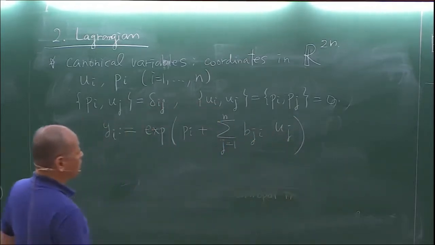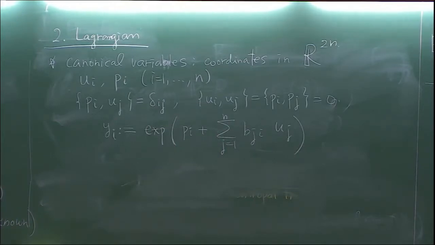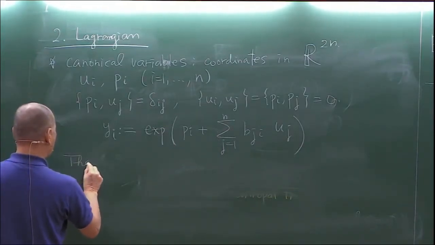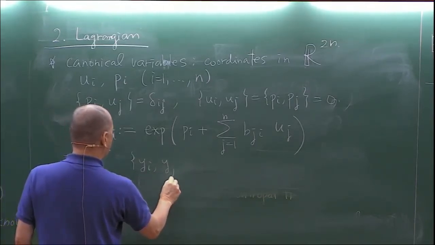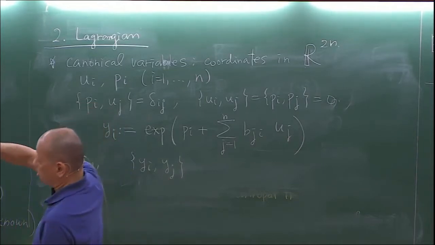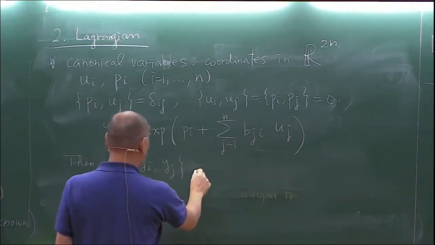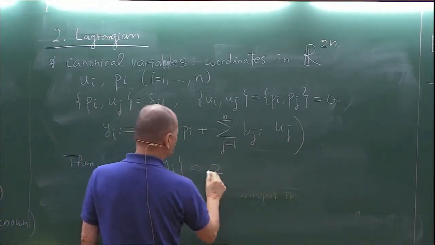We just define it for any skew-symmetric matrix, and then it is an easy exercise that those variables indeed satisfy that form, but with a slightly different normalization, twice.